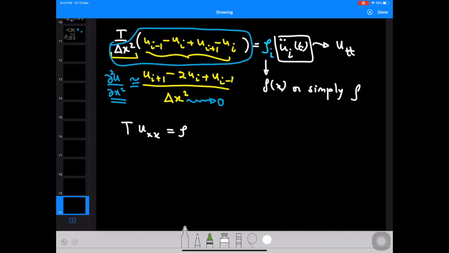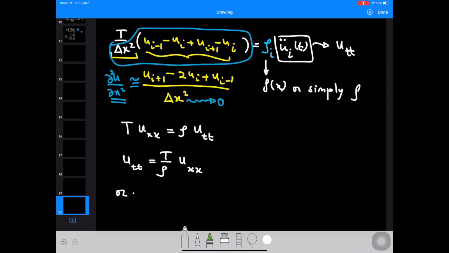So we get rho u_tt. If you divide by rho and rearrange the equation, you get u_tt is equal to T over rho times u_xx.